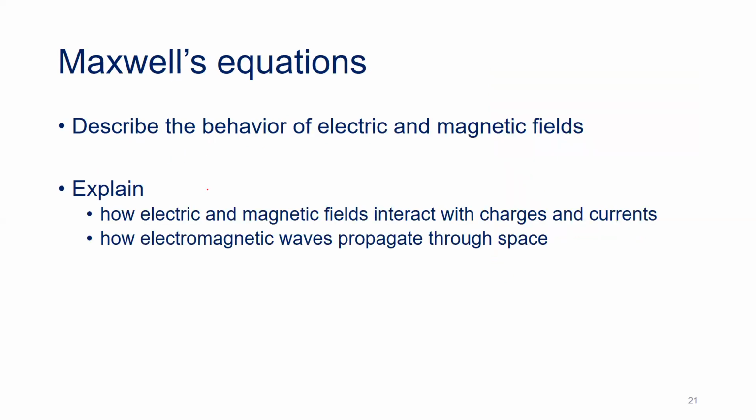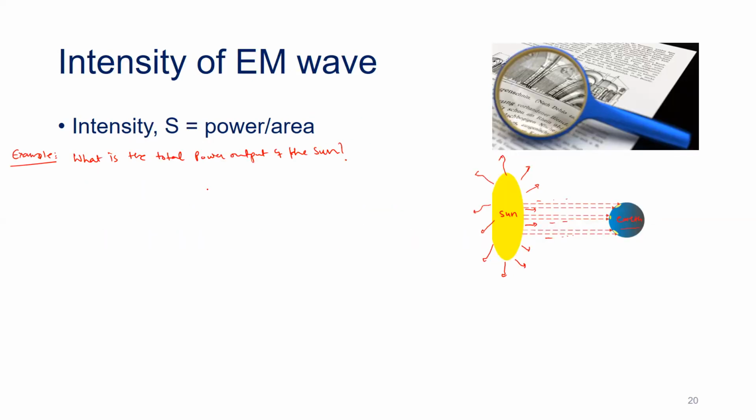And the given parameters are, what is given here? We are given the intensity of the sun at the earth.